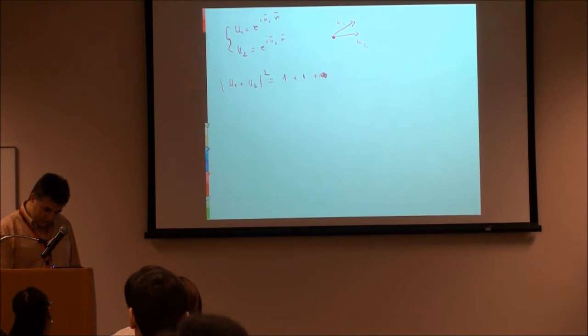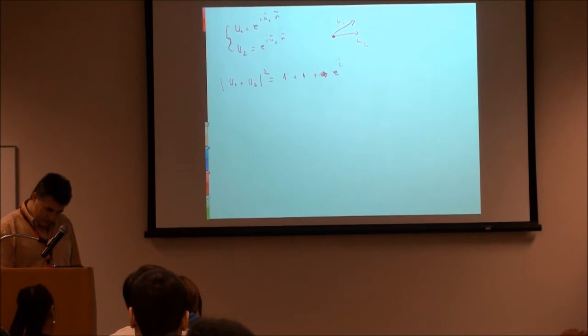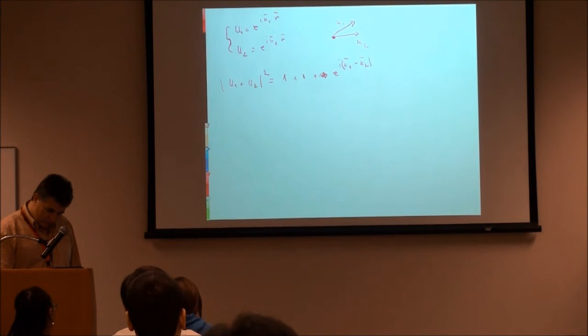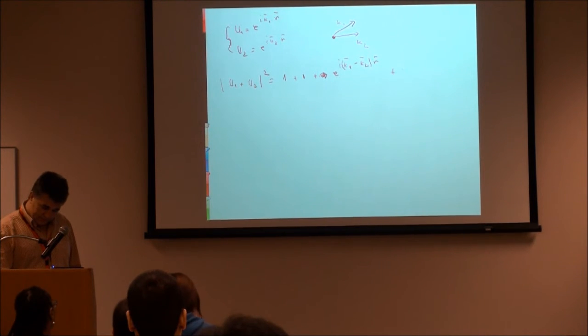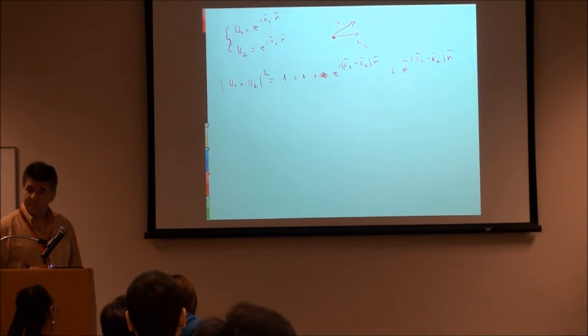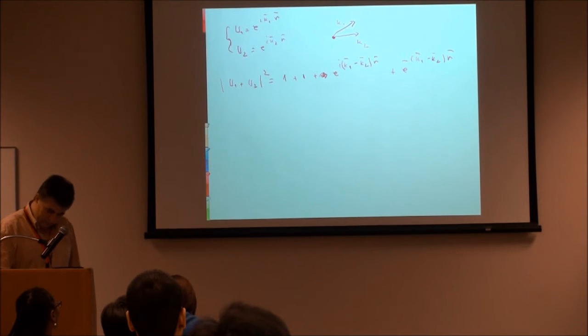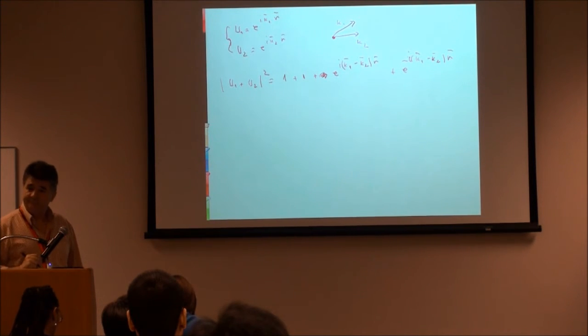So let's write it like this: e to the i (k1 minus k2) r plus e to the minus i (k1 minus k2) r. Should that be minus i times? Yes, i. Thank you.